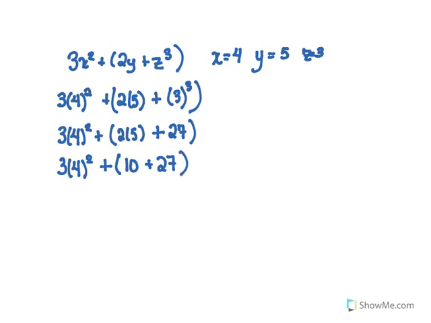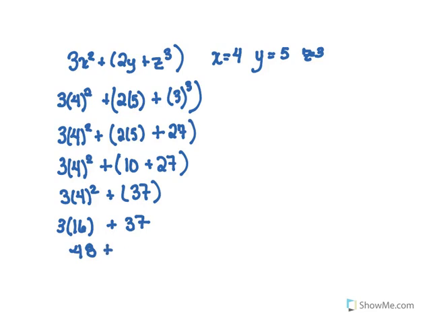Okay, and we'll simplify that, which is 3 times 4 squared plus 37. And then I have to evaluate 4 squared. So that's 3 times 16 plus 37. Remember that 3 times 16 is 48. And then I add that to 37, and I get 85.